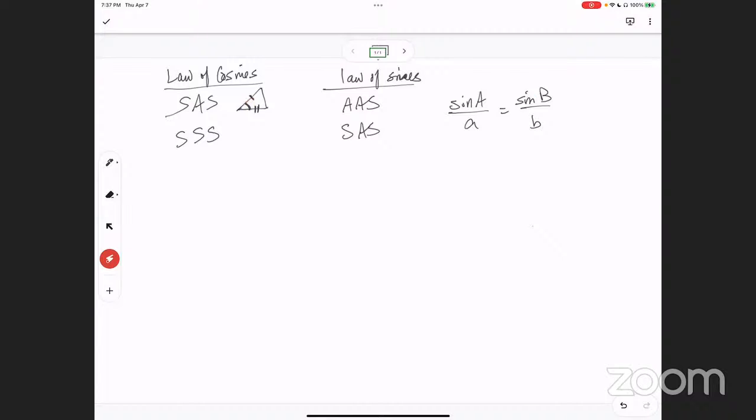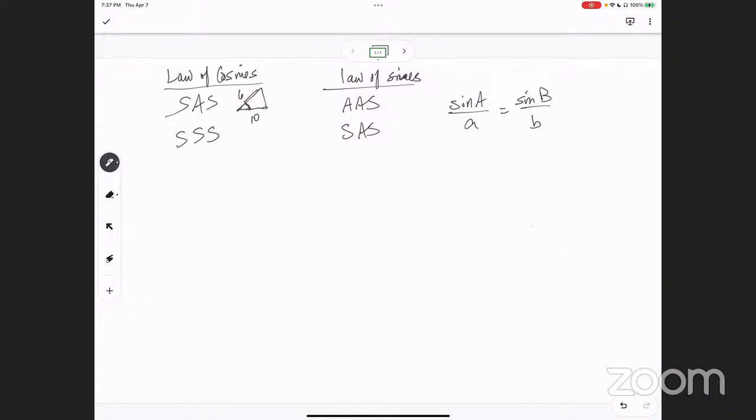Like if you're given 25, 6, and 10, well, those are great numbers, but you can't use the law of sines because 25 isn't across from the side that you know. So you have to use a different method, and that's called the law of cosines.